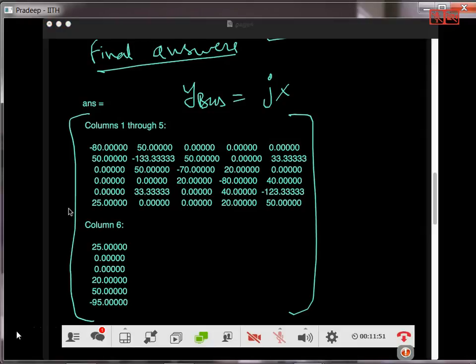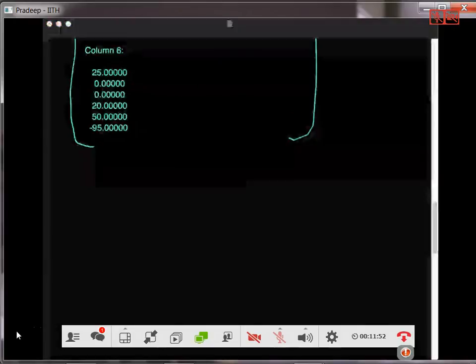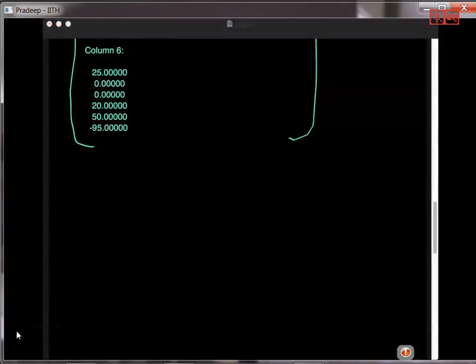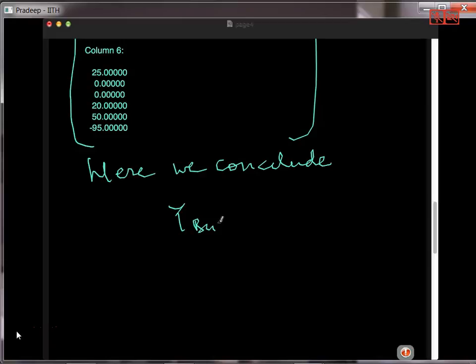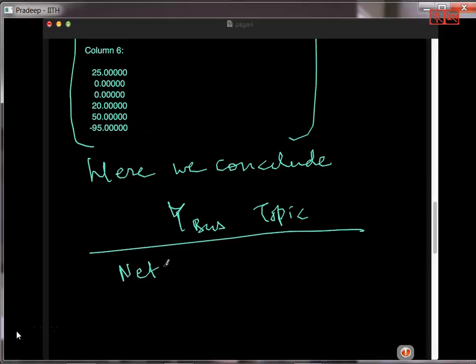So this is the conclusion of the Y bus problem. So here we conclude the Y bus topic. But in the load flow topic, it is very much used. So the next topic is load flow.